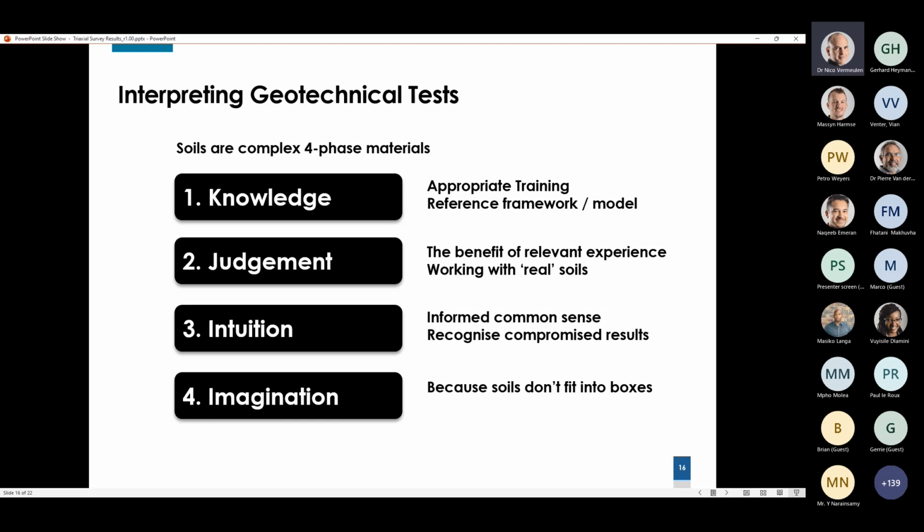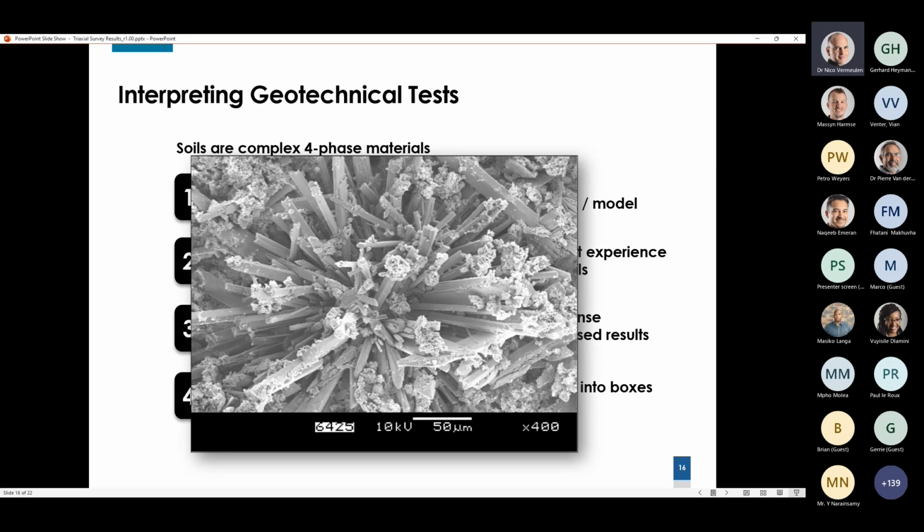And this is where spending time in a laboratory is invaluable, seeing how the tests are being done and understanding the difficulties and the potential problems that can develop. And then finally, a fair amount of imagination is often required because soils just don't fit into boxes. And I mean, this image, and I've stolen this image from one of Gerhard's presentations, but I think you will agree with me that a soil that looks like that is not going to conform to a Cam clay constitutive model.